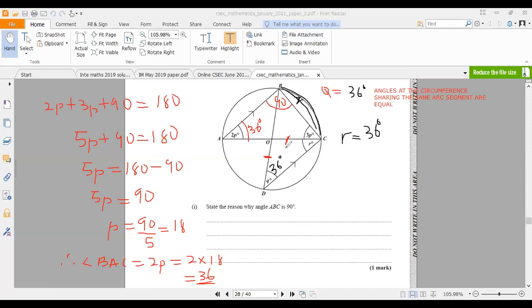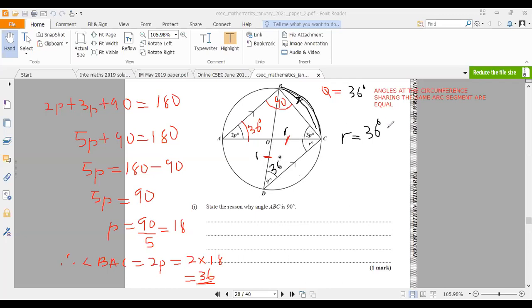How do you know R is 36? You realize that initially I told you that this is radius and this is also radius. So that means this will give me an isosceles triangle, right? In an isosceles triangle, when two sides are equal, the corresponding angles also are the same. So this angle is for this side, this angle is for that side.